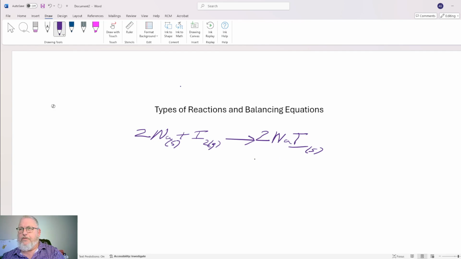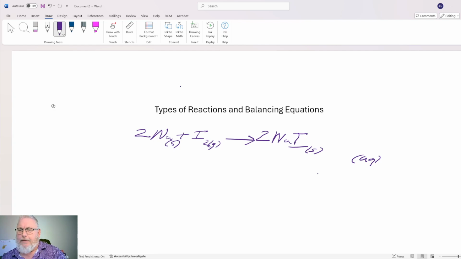Another little L stands for liquid. Really, we're only going to use that with water for the most part. And then, of course, AQ means that it's aqueous. It's mixed in water. It's ionic. It's broken down into ions in water. Okay. So that's really the basics of balancing reactions, what you need to know, how to write the equations.